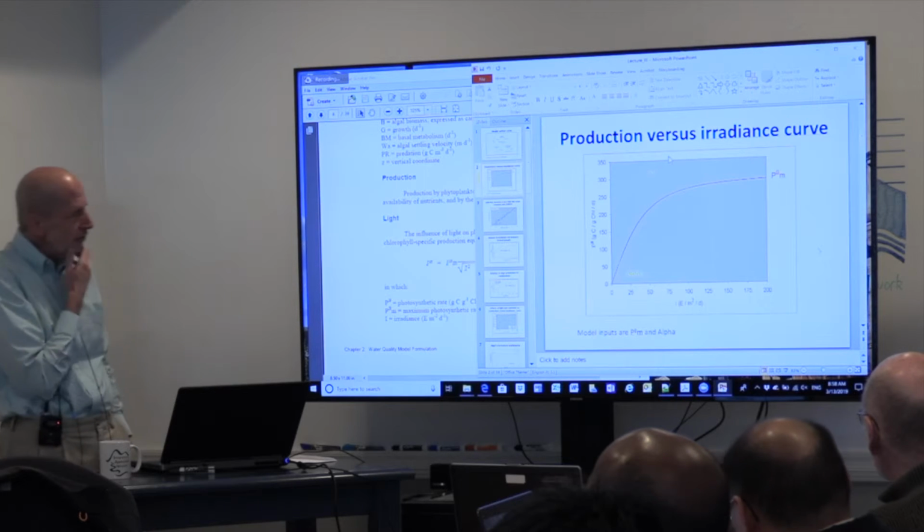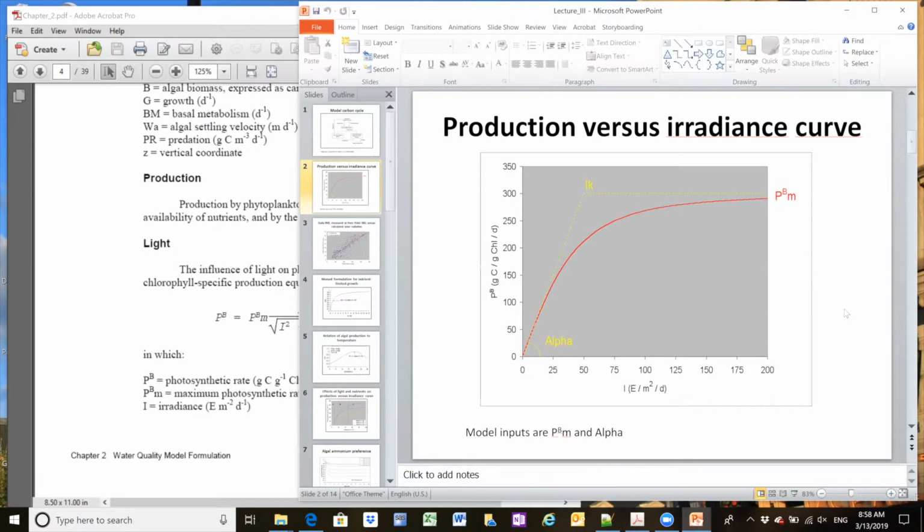This is a production versus irradiance curve. And once again, people who work in phytoplankton physiology create this production versus irradiance curve. So I is irradiance, light.